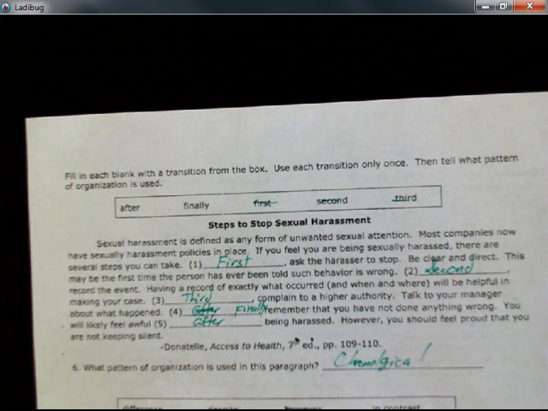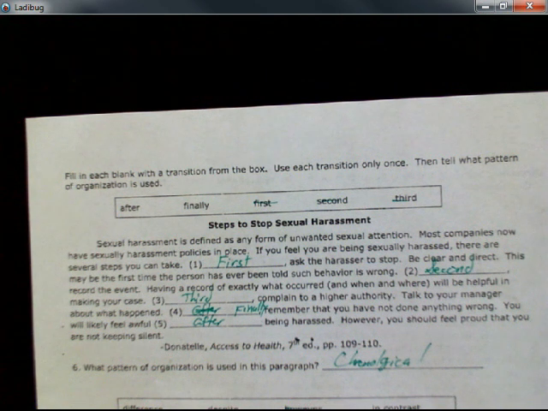Like in our essays that we do, we always go first, second, third, and then finally. Okay, so they transition or bring you to a new idea, right? Do you agree that each of these are bringing you to a new idea? Yes. Did you say no, Justice? No, I didn't say that.